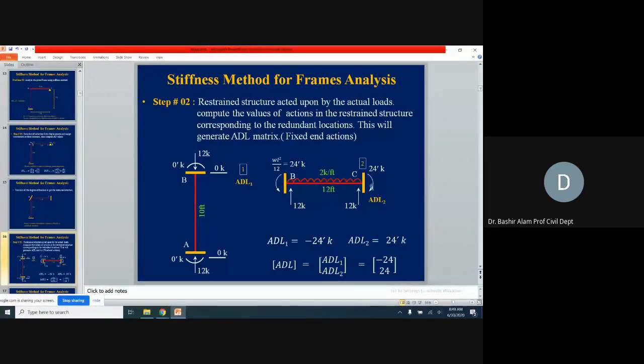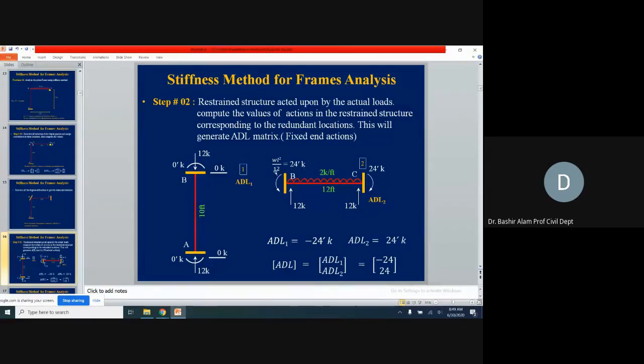So the member end moment, because of this, the fixed end moment is WL square divided by 12. So it is equal to 24. On the right side also 24. We don't have any unbalanced moment. So half of the load will go to the right support and half of the load is going to go to the left support. So 12 times 2 is 24 divided by 2 is 12 kip. This is how we are getting 12 kip.